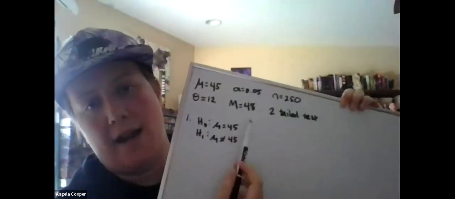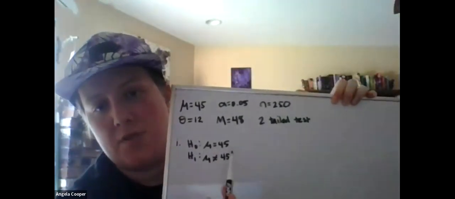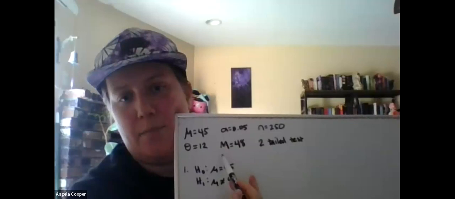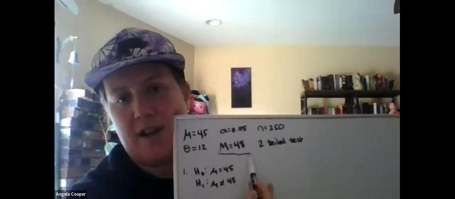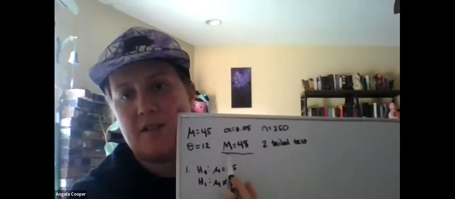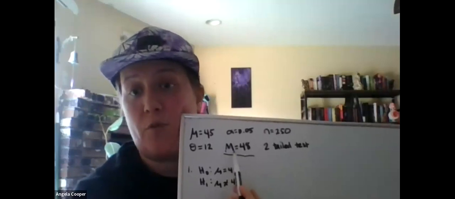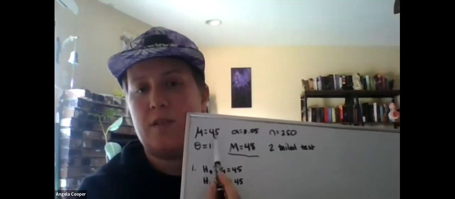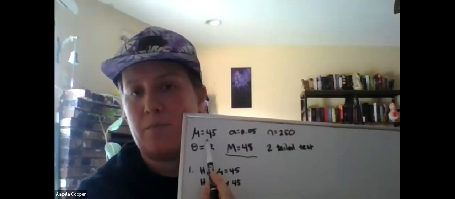Now, if we had more specifics on this question, we see that our sample mean is 48. What this mu equals 45, mu does not equal 45, is, we are trying to use our sample information, this 48, to generalize to whatever population this 48 belongs to and see if it is equal to the population mean that's been provided.